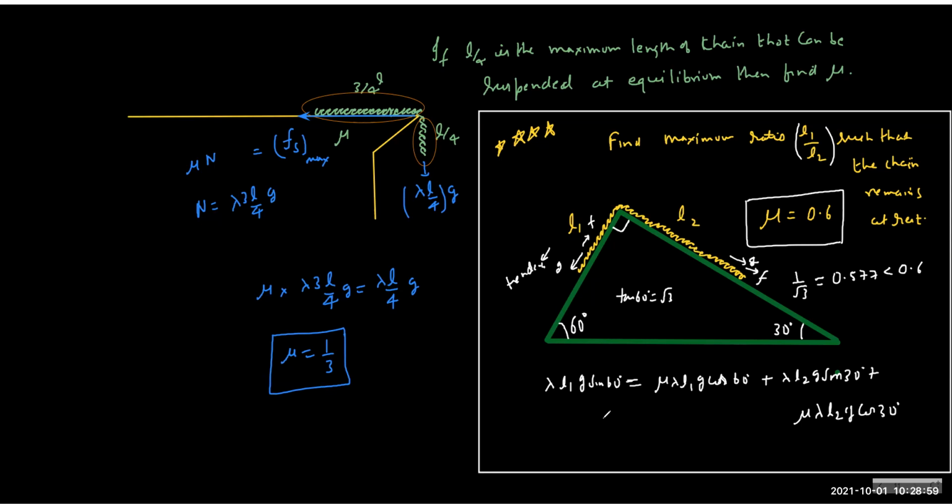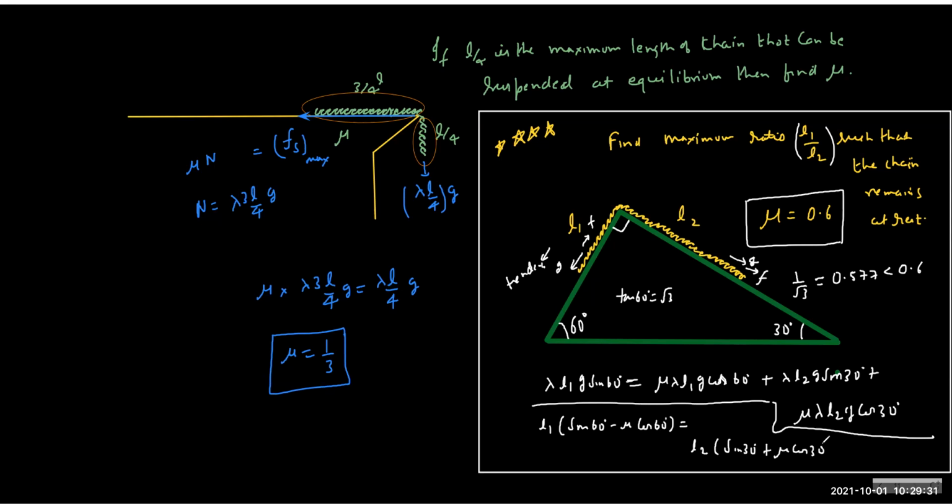Now lambda and G cancel out from both sides, and you just take L1 together and L2 together. L1 together will be sine 60 minus mu cos 60, and this will be L2 into sine 30 plus mu cos 30. So now you have the ratio. Whatever the answer is, is the answer. That's not very difficult.